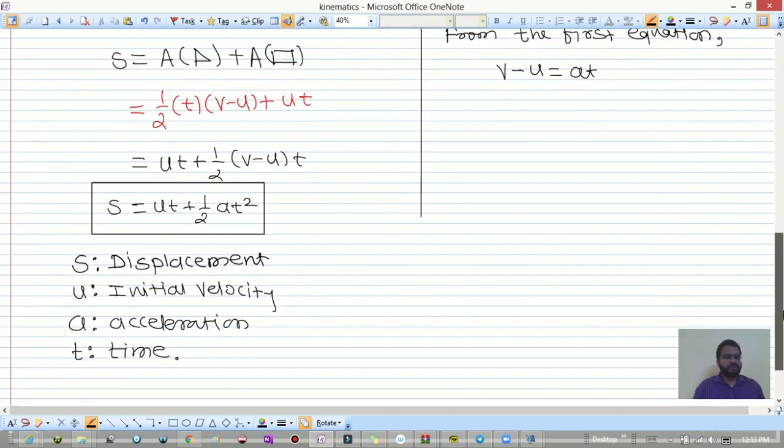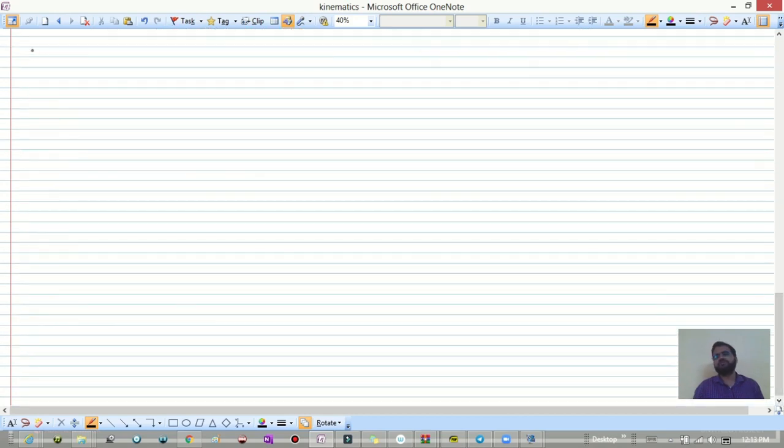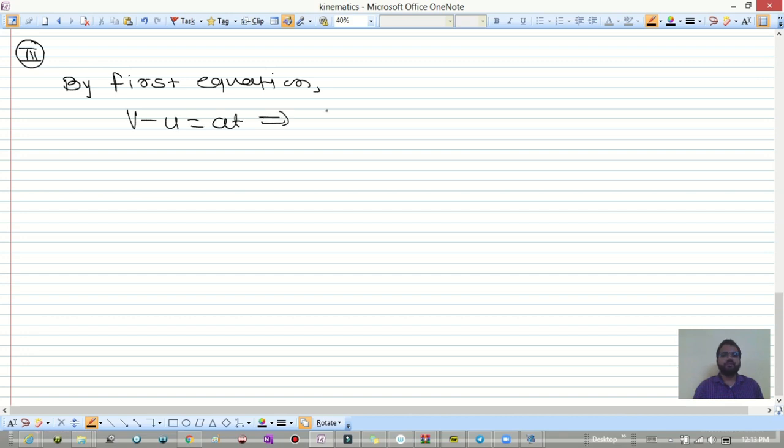Now the third equation of motion we can calculate by rearranging the first equation and the second equation. By the first equation we have v minus u is equal to at, and from this, time is v minus u divided by a.